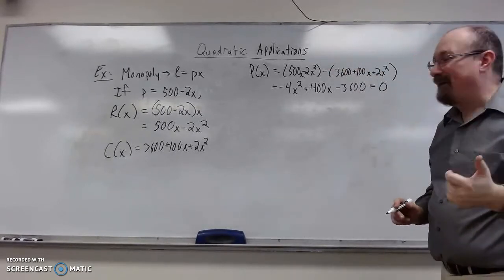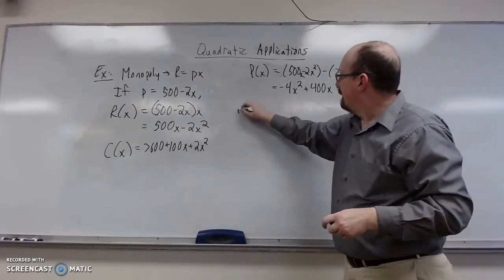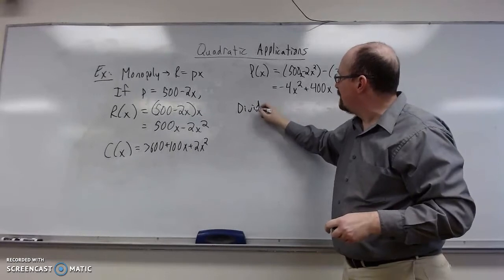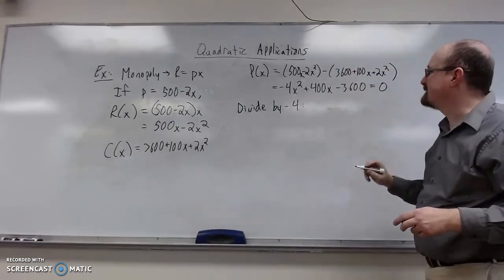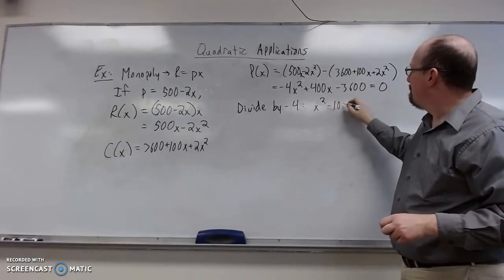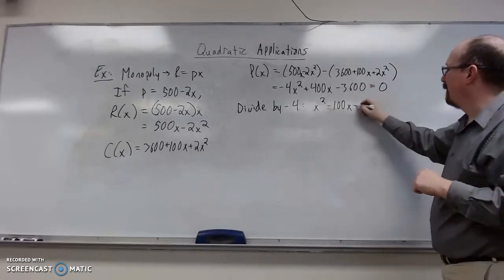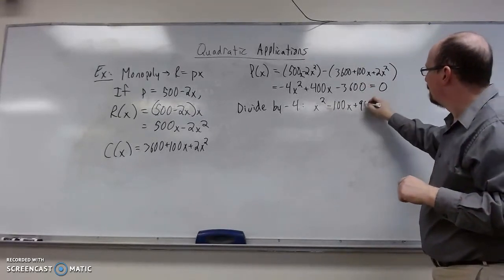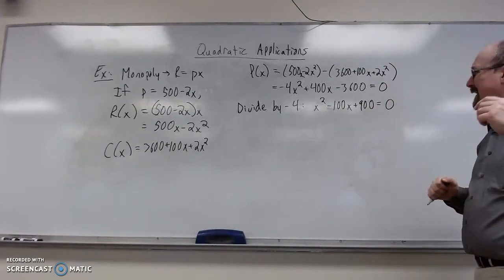I'm actually going to do the factorization trick here because, as it turns out, if we divide this whole equation by -4, on both sides, this ends up giving me x squared minus 100x plus 900 equals 0. You might be saying, why not use the quadratic formula?